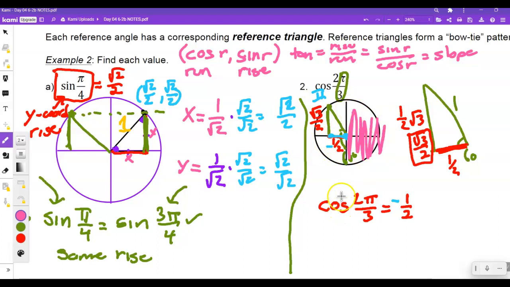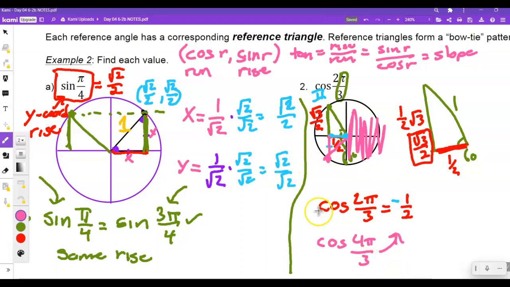So right away I know, well, here's my first angle, so my other one must be right here. So this is 3 pi over 3, this is 4 pi over 3. So cosine of 4 pi over 3 has the same exact run as 2 pi over 3. They equal the same thing. Negative 1/2, going to the left.